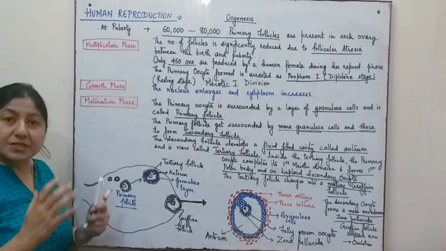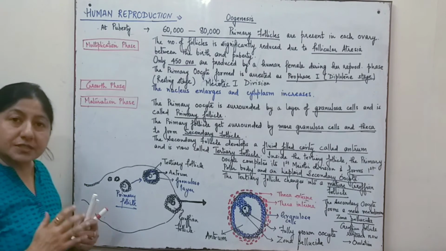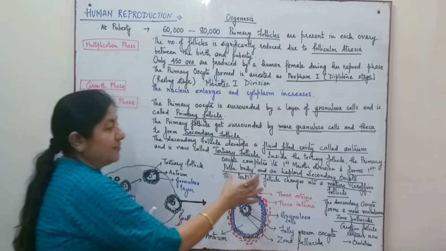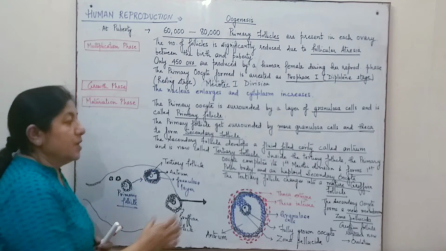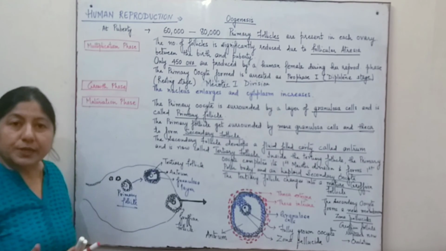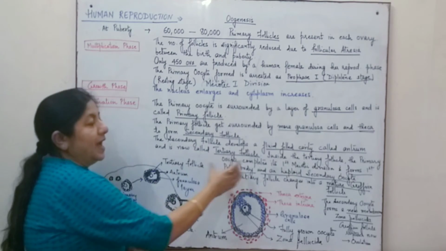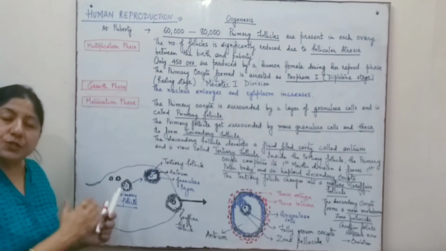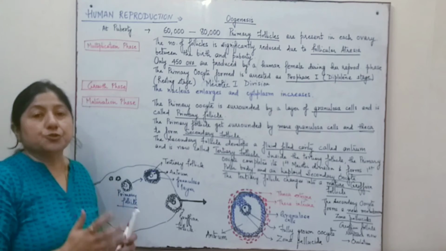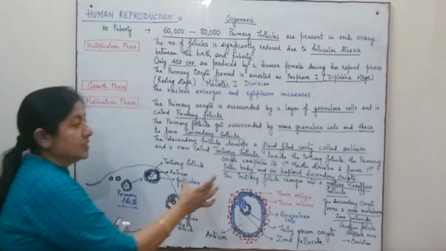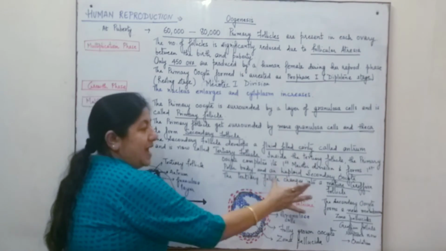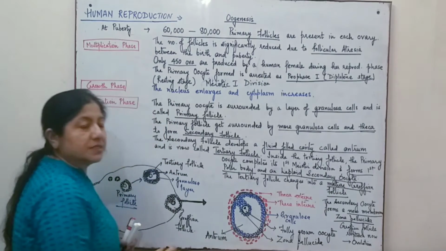Now, due to this unequal distribution of the cytoplasm, the secondary oocyte will retain most of the cytoplasm, whereas the polar body will gradually degenerate, that we have studied in the previous video, and the haploid secondary oocyte will now develop into a mature ova. So this polar body degenerates, and this restores maximum cytoplasm.